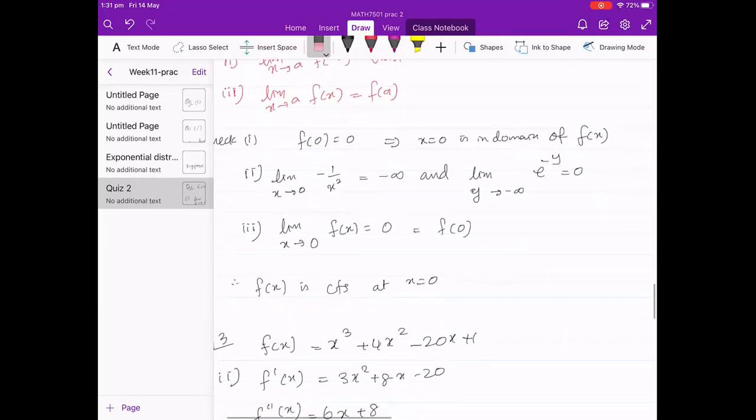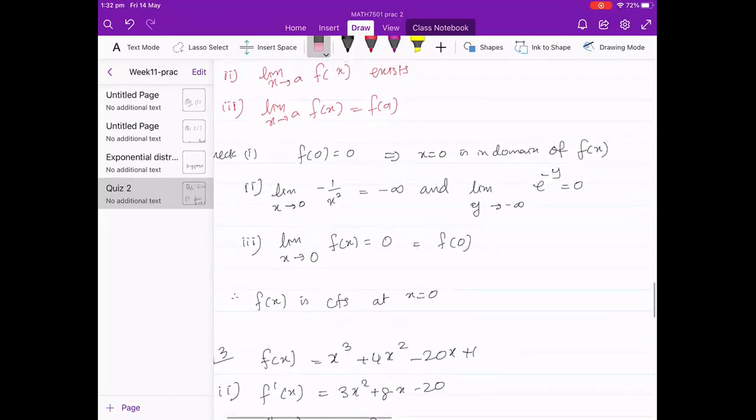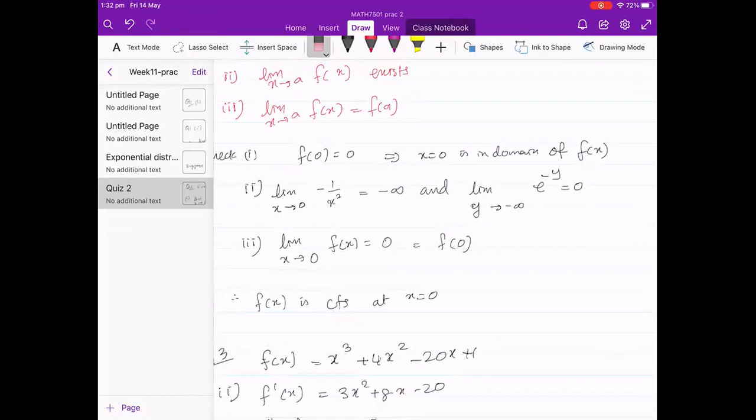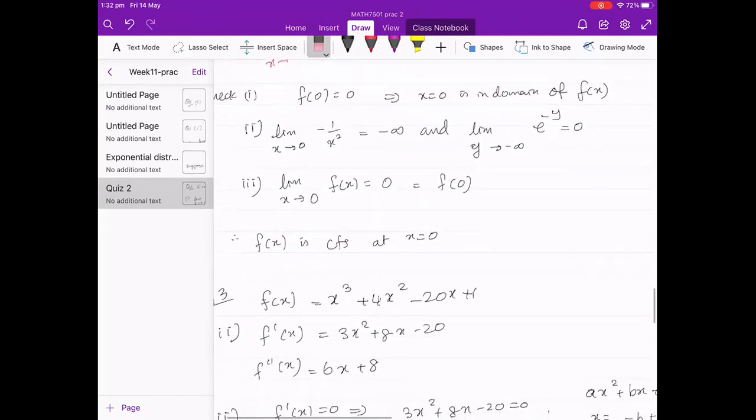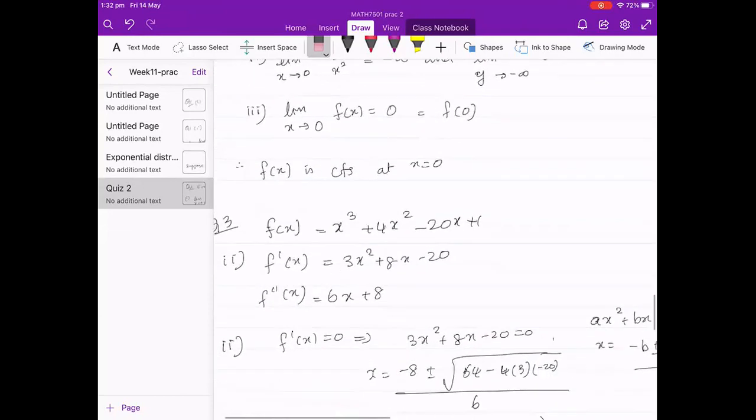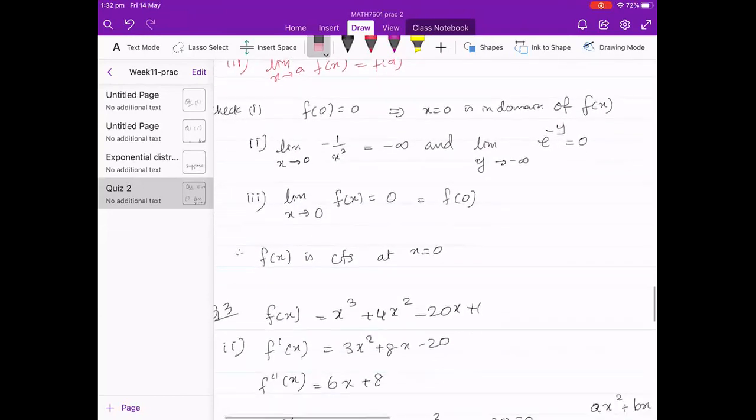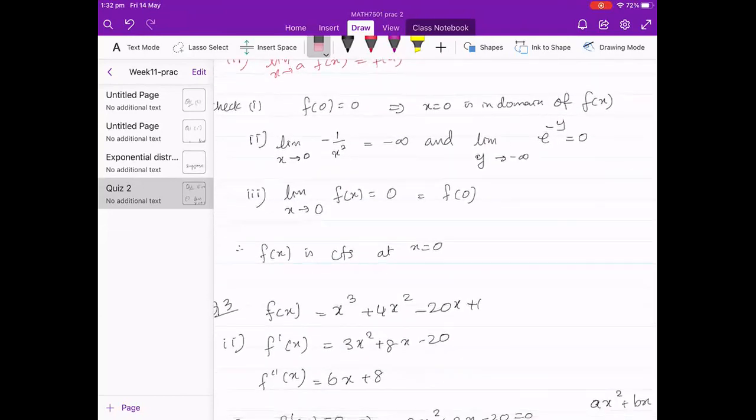Okay, a second derivative. What's the second derivative? Yeah, 6x plus 8. Okay, and then the second part of the question is find the critical points and classify them.